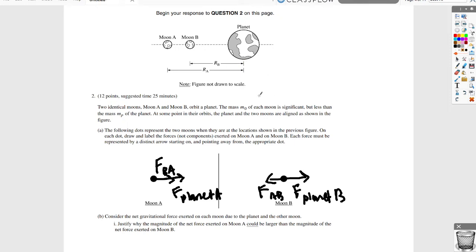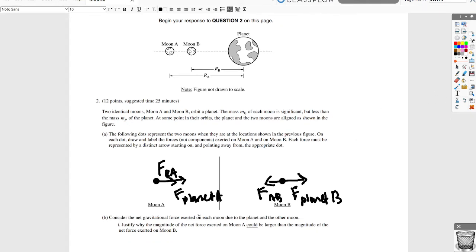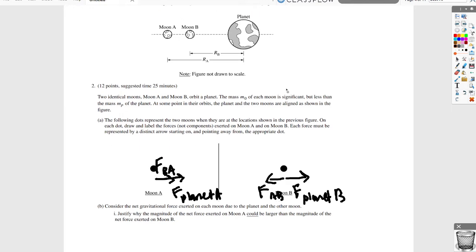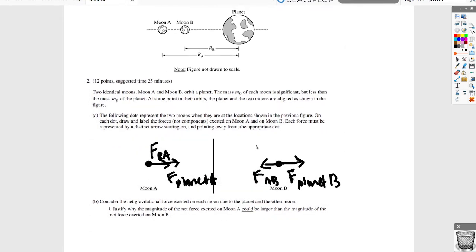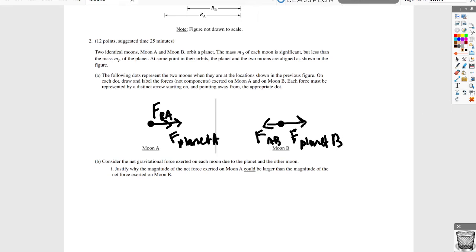Consider net gravitational force. Justify why the magnitude of the net force exerted on moon A could be larger than the magnitude of the net force exerted on moon B. Let's move this up a bit.